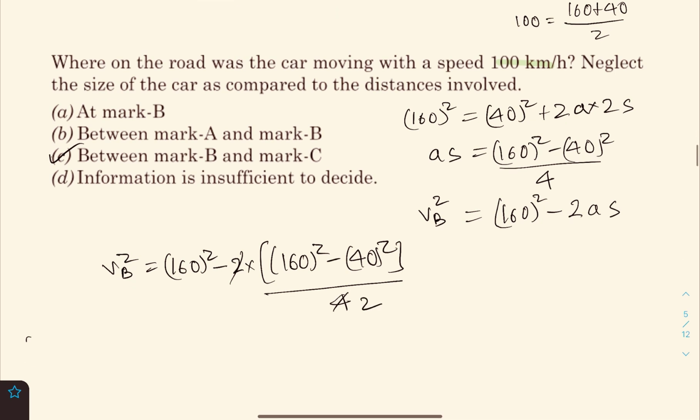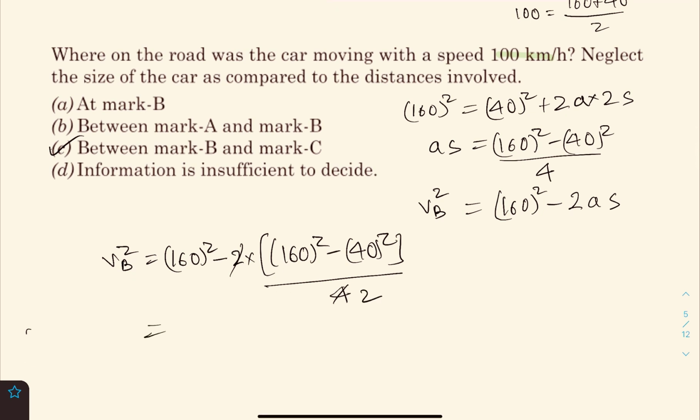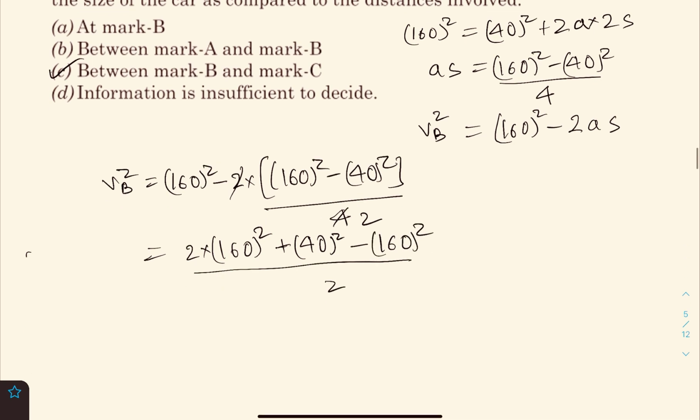So this is the value that we get. We would have 2 into 160 square plus 40 square minus 160 square also, divided by 2, which gives us (160 square plus 40 square) by 2.